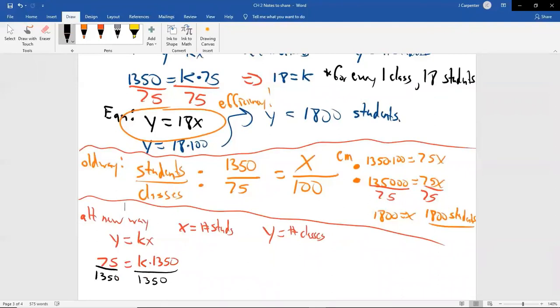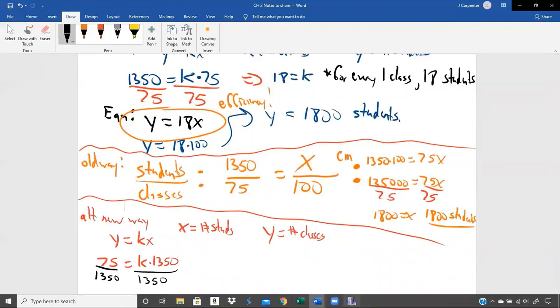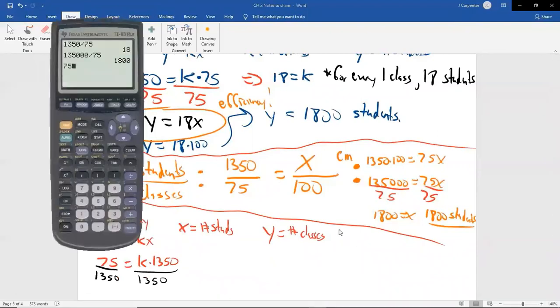Now, when you do that, you're going to get some ugly decimal value, probably, right? Let's see what we get. 75 divided by 1,350. We get 0.0555. Don't write that for a K. That's a bad idea. What you should instead do, and it would be okay if this wasn't a continuous fraction, but it is, is reduce them instead.